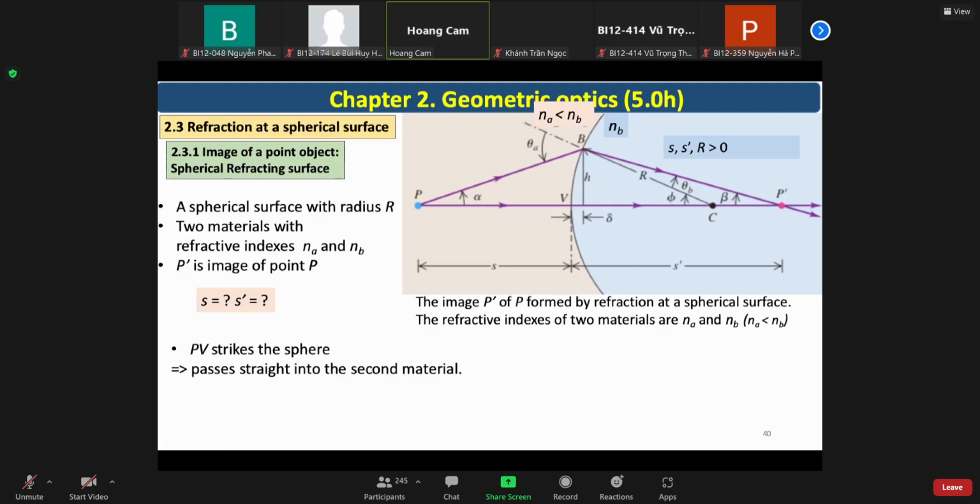In order to find the image, we draw, as I just discussed, the ray PV, which strikes the sphere and passes straight into the second material. PB is incident at angle theta A and is refracted at angle theta B. These two refracted rays intersect at P prime, and we have the image P prime.